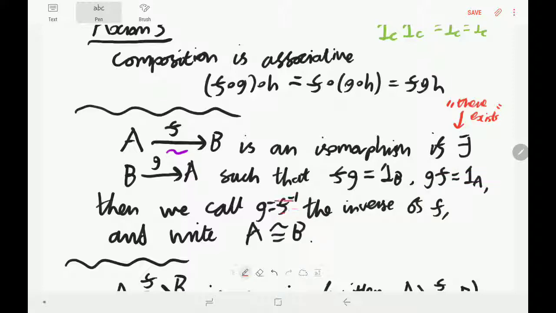And we denote the inverse as F to the minus 1. We'll see later in the exercises that the inverse to an isomorphism is unique. Although there can be many isomorphisms between a pair of objects, each isomorphism has a unique inverse, okay? When A and B are isomorphic, sometimes we write it like this, A equals B with a tilde on top, sometimes also like this.